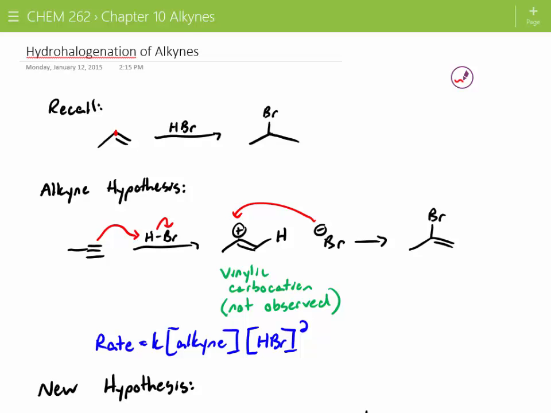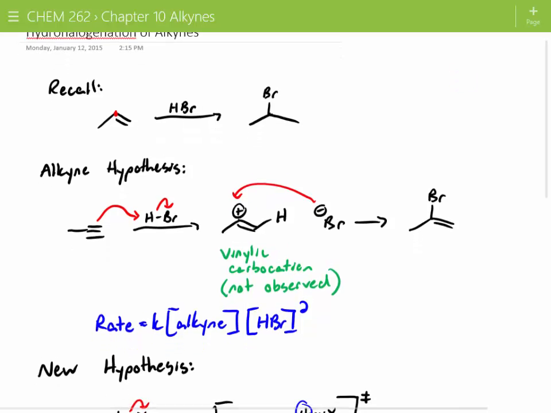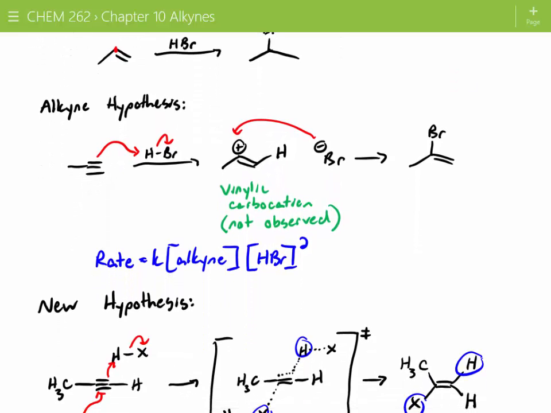The same is true with alkynes. So we said we would hypothesize that the more substituted side of the alkyne would be that carbon. We would protonate it, form a vinylic carbocation, and then our bromide would add in, and we would still get this Markovnikov addition to the more substituted side of the triple bond.